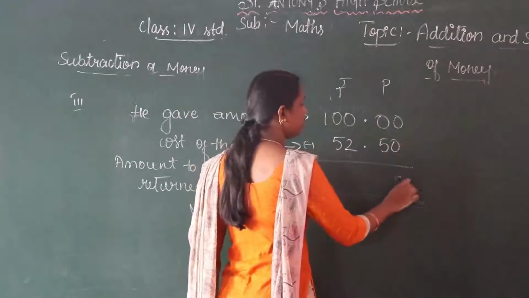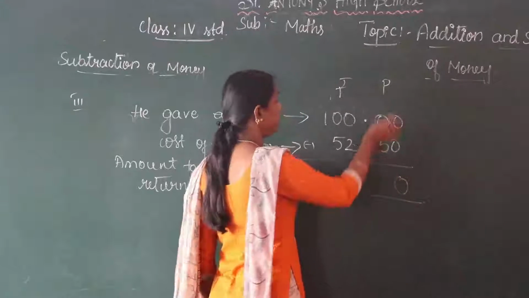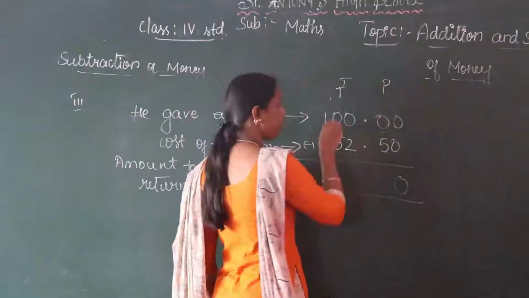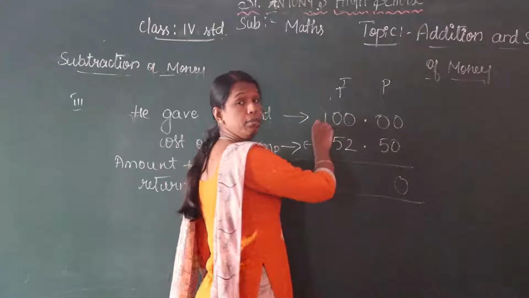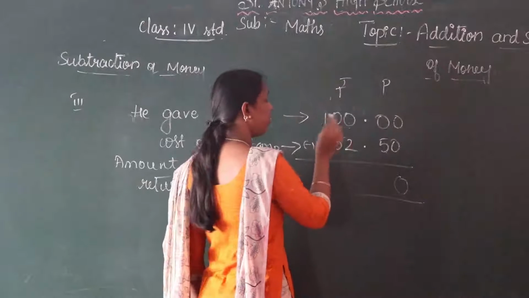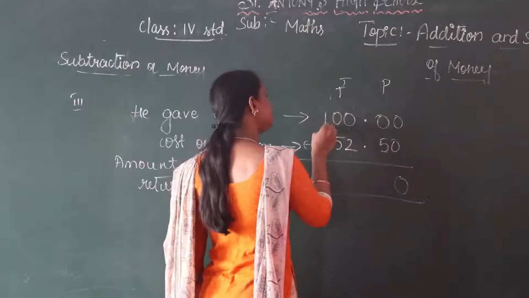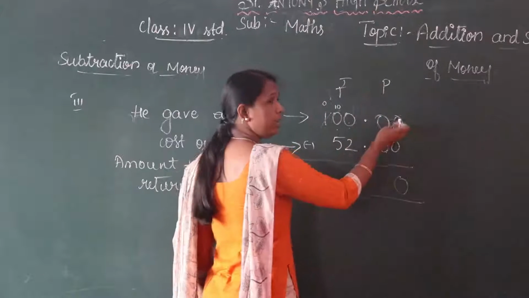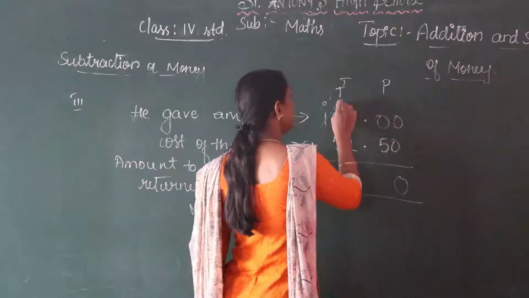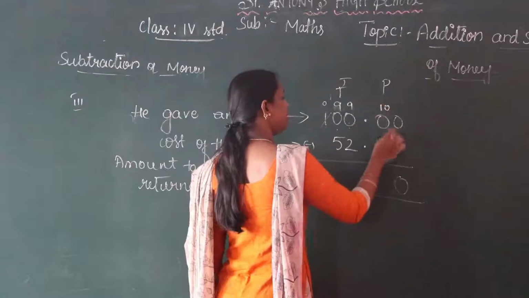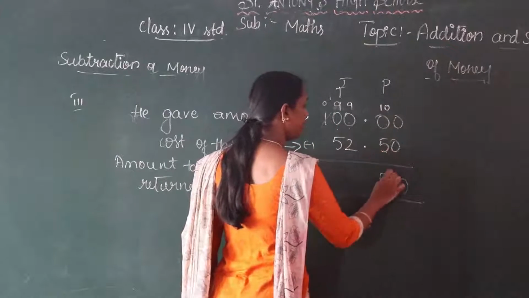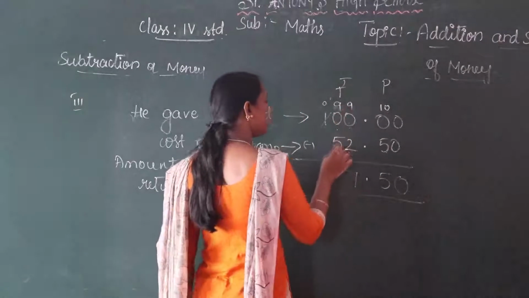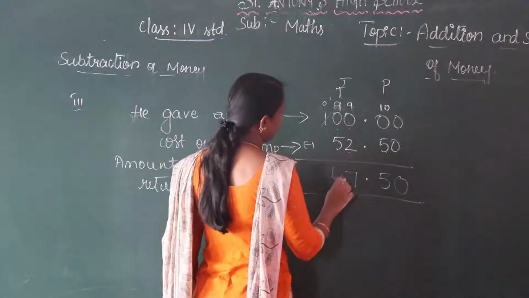0 minus 0, 0. 0 minus 5 is not possible. Take borrow from this place. This place is also 0, and the next place is also 0. But take borrow from the hundreds place. So this 1 becomes 0. This becomes 10, but we give borrow to the next numbers. So this becomes 9 and also this becomes 9, this becomes 10. 10 minus 5, 5. 9 minus 2, 7. 9 minus 5, how much? 4.